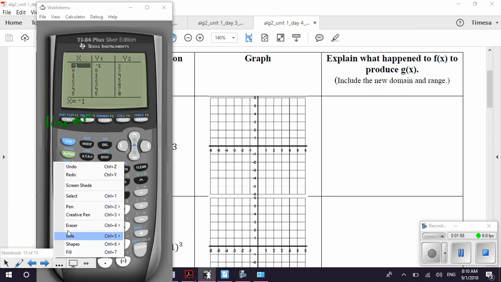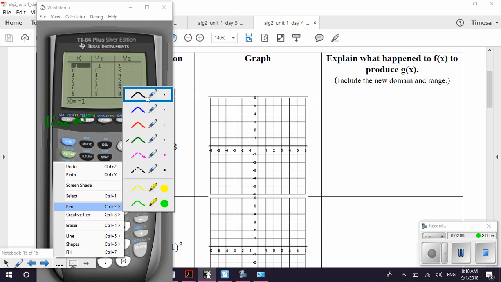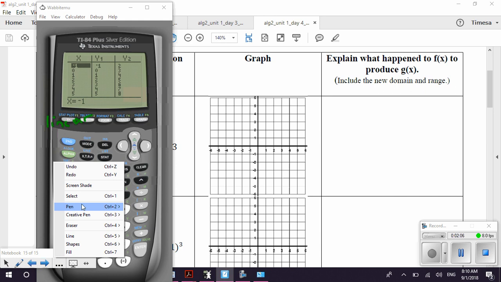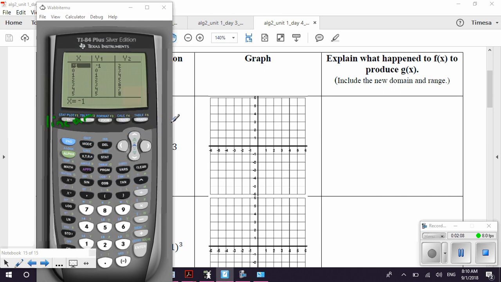So let's put mama in black, with red points. Alright, so mama goes through the origin. 1, 1, 2, 2. If I scroll upwards, she has negative 1, 1.